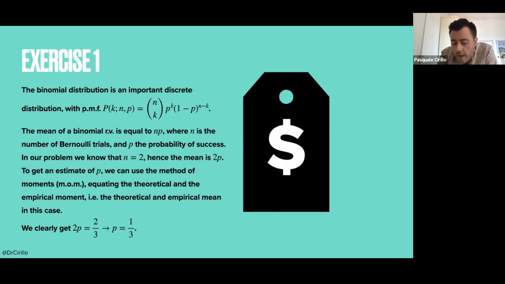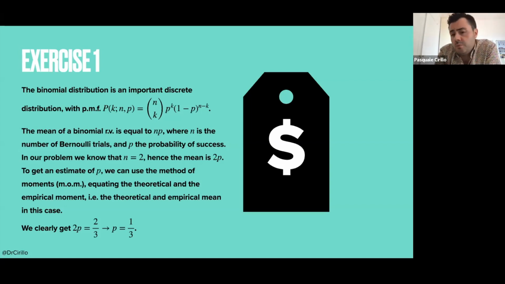Now, a way of estimating p in statistics is, for example, to use the so-called method of moments, MOM. The method of moments works if the moments of your distribution are correctly defined, and for the binomial distribution, there is no problem.